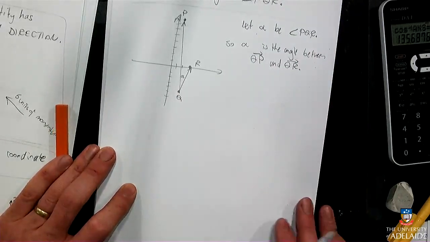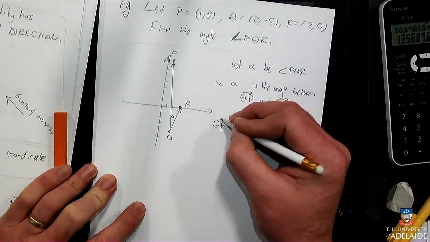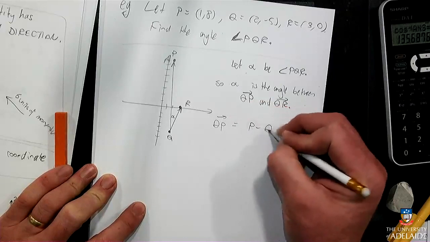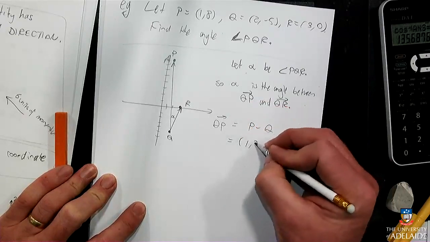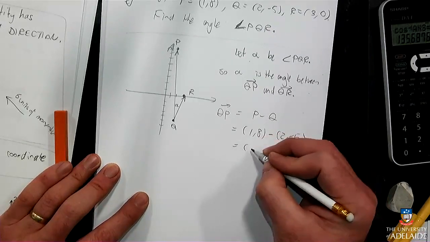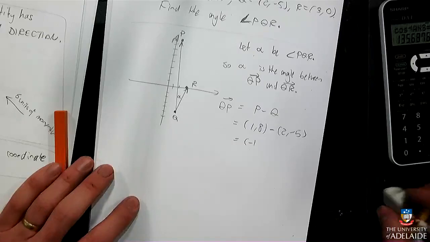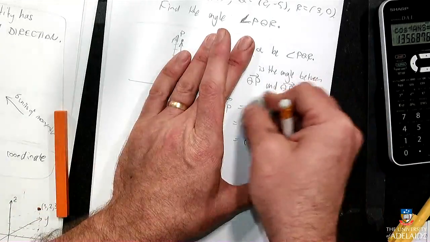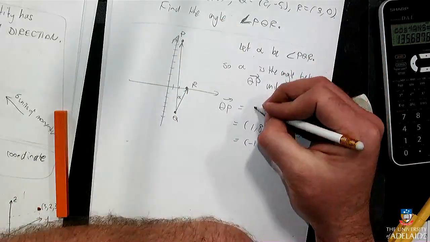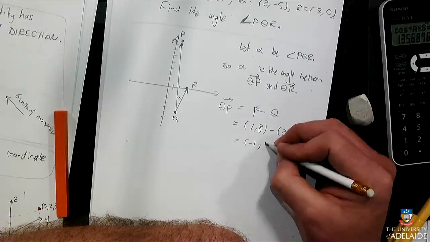Okay, so let's actually calculate all of these things. We're going to need dot products and lengths. So QP is P minus Q, which is (1, 8) minus (2, -5), which is (-1, 13). Negative 5 subtracted is plus 5, 13.